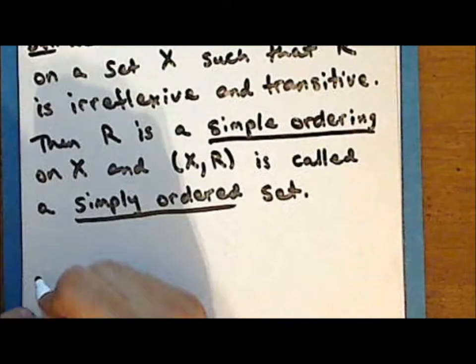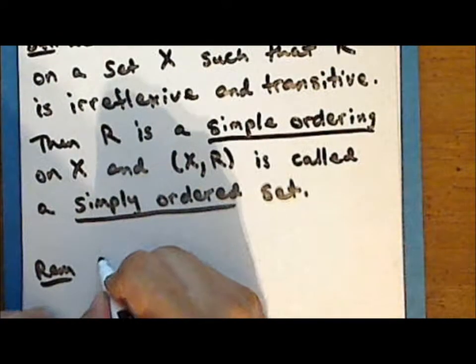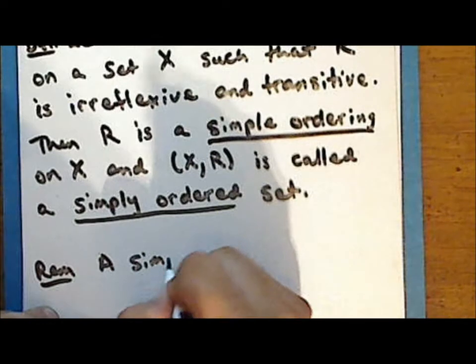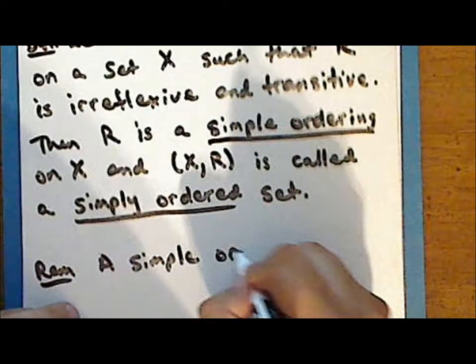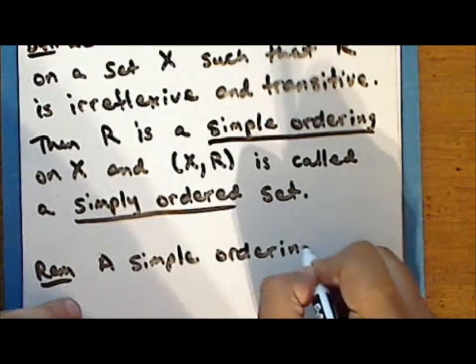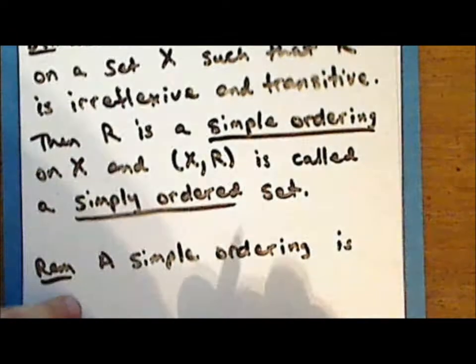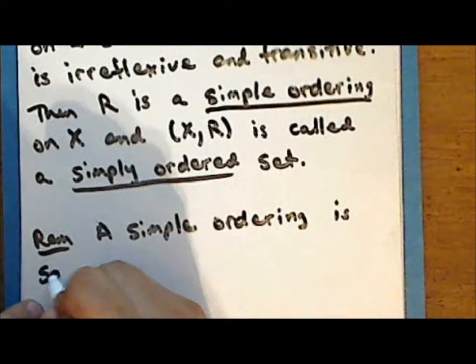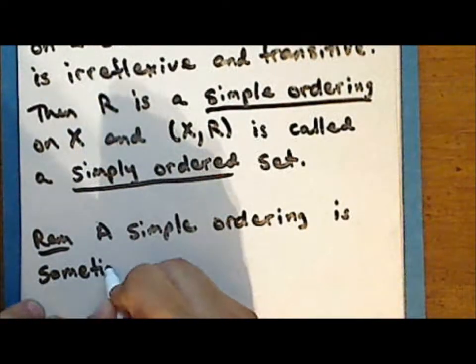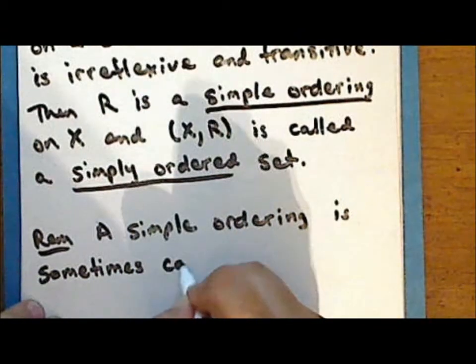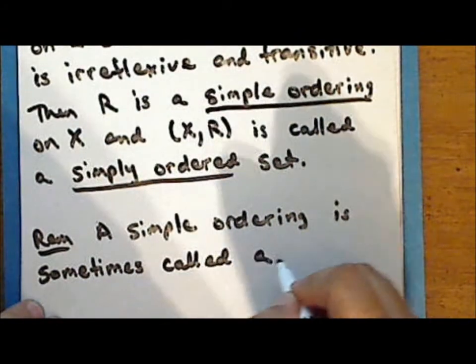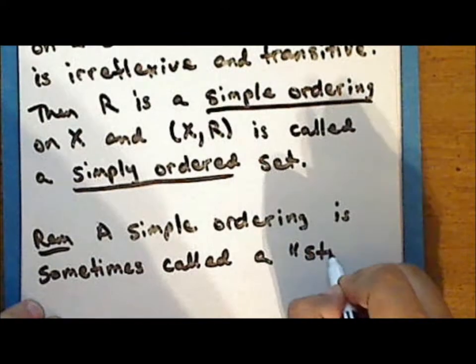Now I need to point out that a simple ordering is sometimes called a strict partial ordering.